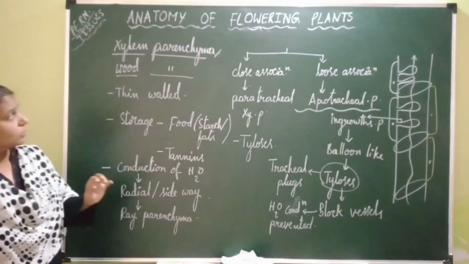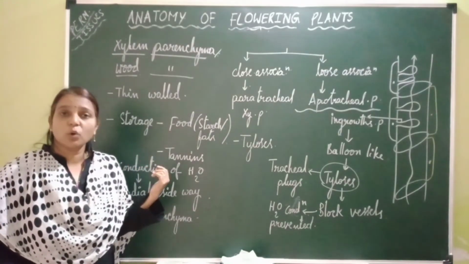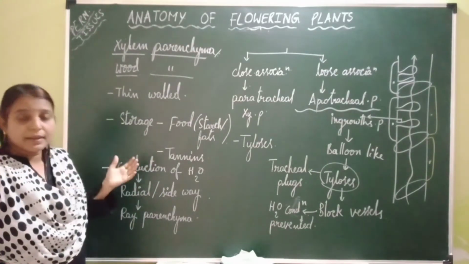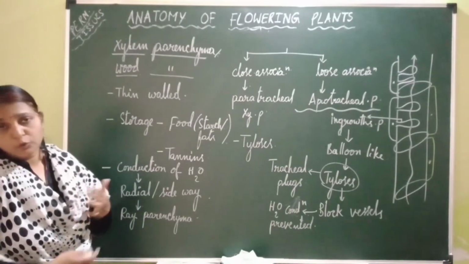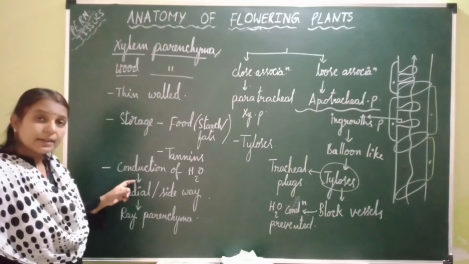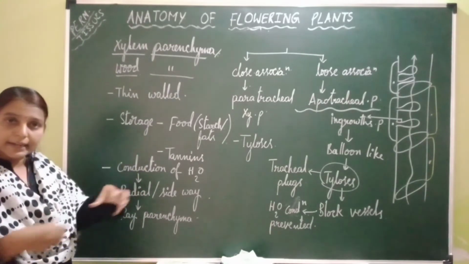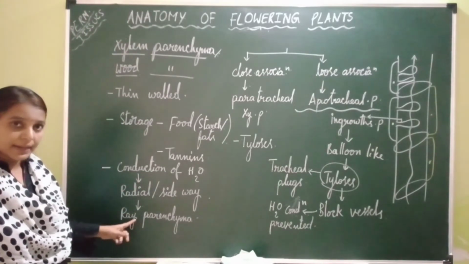So this is all about xylem parenchyma. Let me give a quick recap. It is also called wood parenchyma. It is made up of thin walled cells, and it is involved in storage of food materials and tannins. Food materials are stored in the form of starch or fat, and xylem parenchyma is also involved in radial, sideway conduction of water, and hence it is also called ray parenchyma.